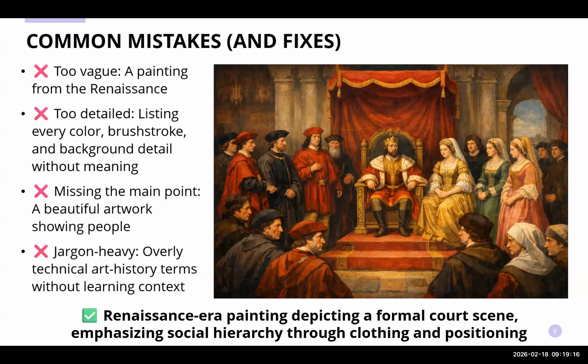Another trap is missing the main point, like saying a beautiful artwork showing people. Now, this might sound simple and nice, but it does not communicate the purpose. For example, who are the people? What are they doing? And why does it even matter for this lesson? And then we have these jargon heavy descriptions.